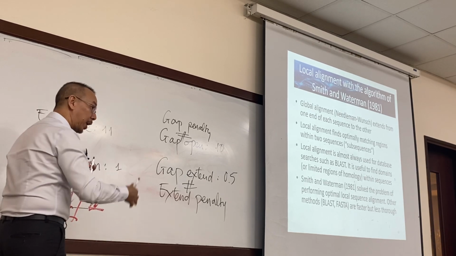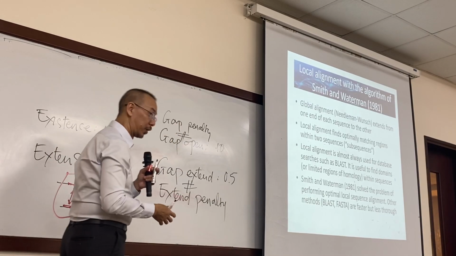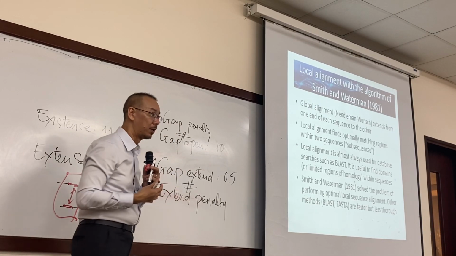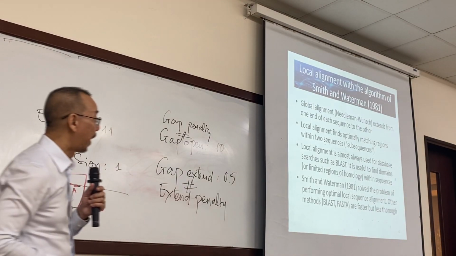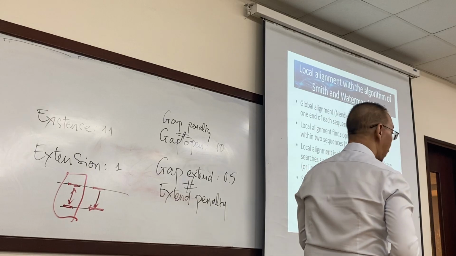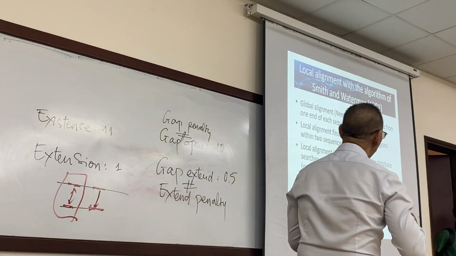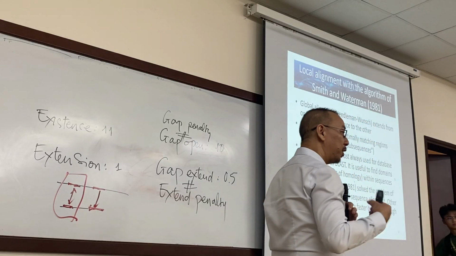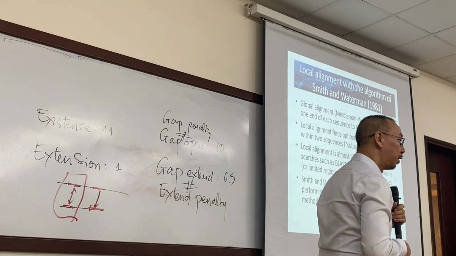But other programs will report many subsequences, so it depends on the program you use. For FASTA, it uses local alignment, and it reports only the most optimal matching between two sequences, not many subsequences.